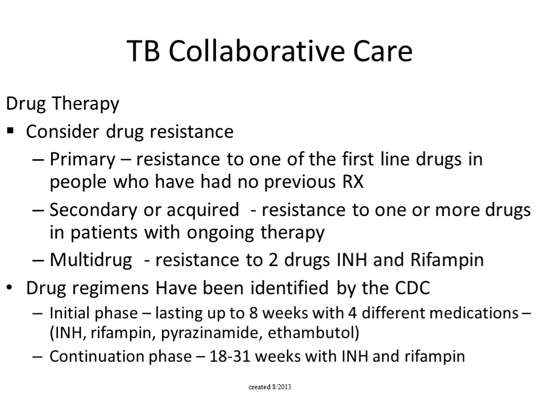There are drug regimens set up by the CDC and how long they last, and they're combinations of drugs. Just know that INH and rifampin are used, anywhere from two to four drugs in the initial phase, and then up to 31 weeks later you're still taking INH and rifampin.